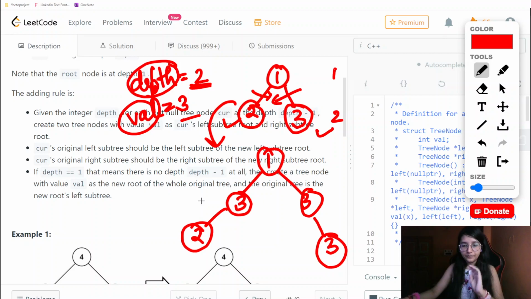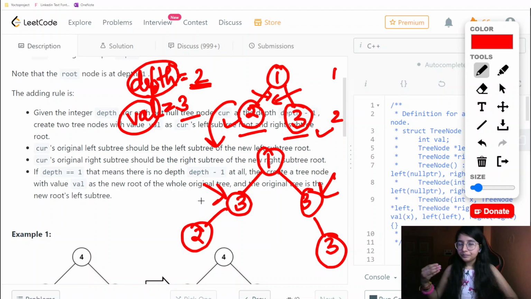And after adding that, whatever was there earlier, meaning this 2 and 3, we will add to the next level of these newly added nodes, and those previous ones should stay on their side only.